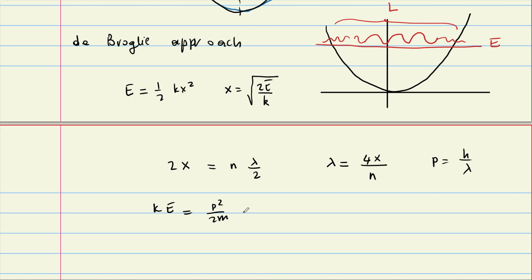So this is h squared over 2m lambda squared, and with lambda equal to 4x over n, this is h squared over 2m times n squared over 16 x squared.